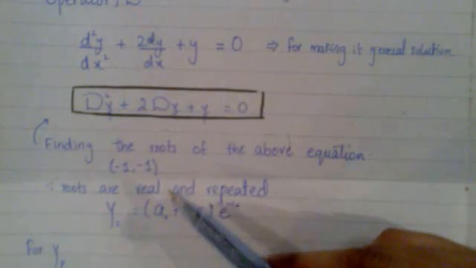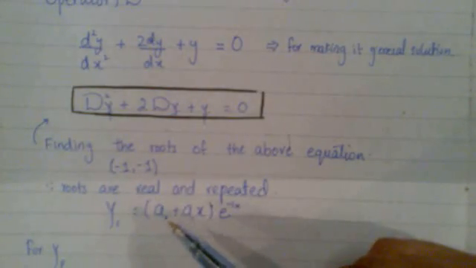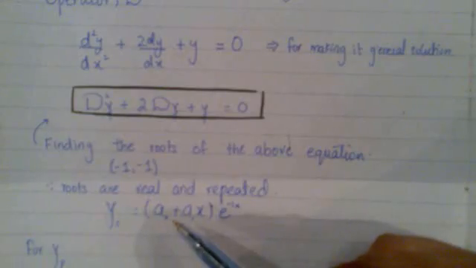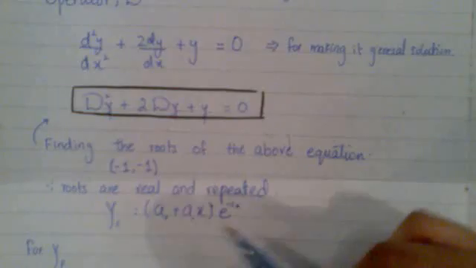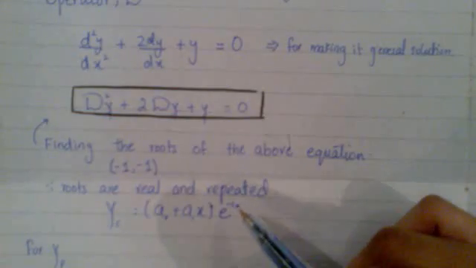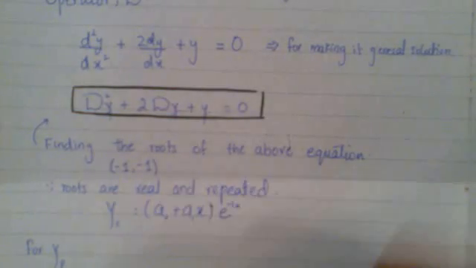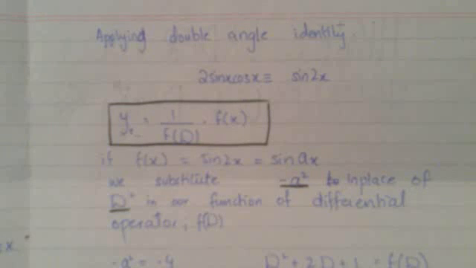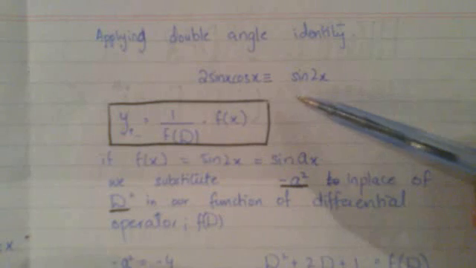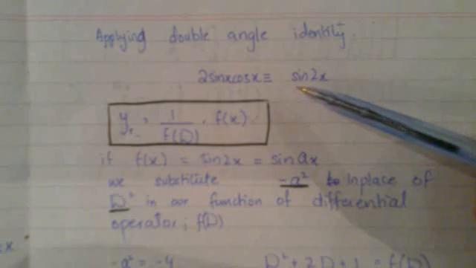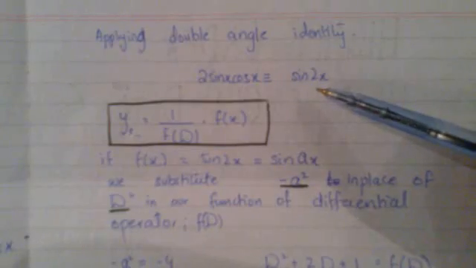These roots are repeated and real, so we will write it in this form: a constant plus a coefficient times x, multiplied by e to the power -1, that was the root, times x. This is our yc. As in our question, we were given the f(x) part, that was 2 sin x cos x. We would like to replace it by sin 2x because they are equal.